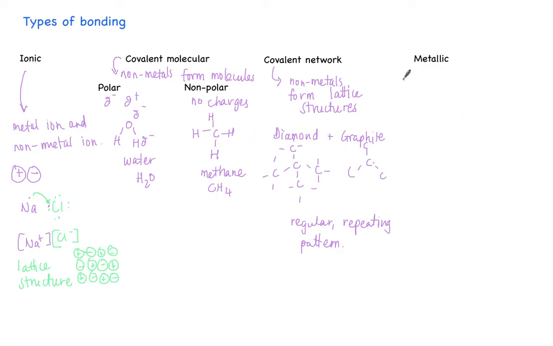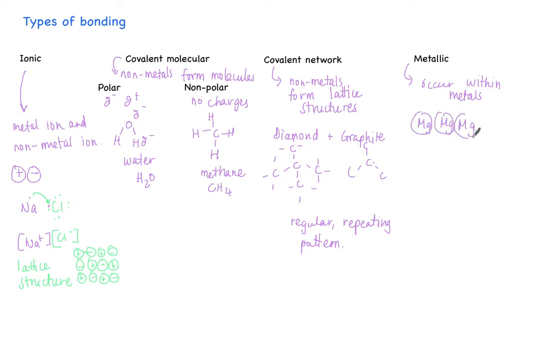Last but not least, metallic bonding is going to occur between metals or occur within metals. And so how do metals exist? Okay, perhaps in junior school we thought, well, metals exist as atoms. So we've got one magnesium atom directly next to another magnesium atom, and so on and so forth.